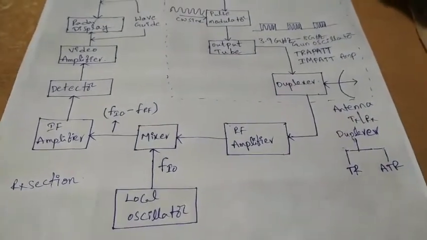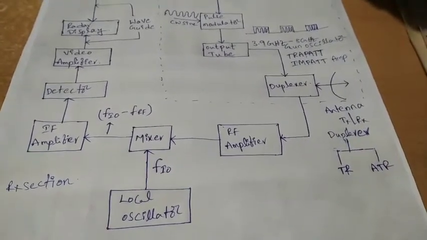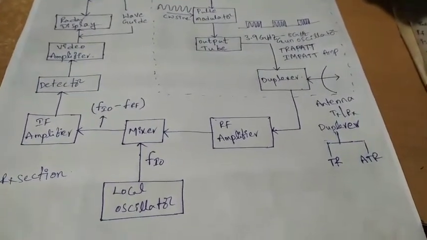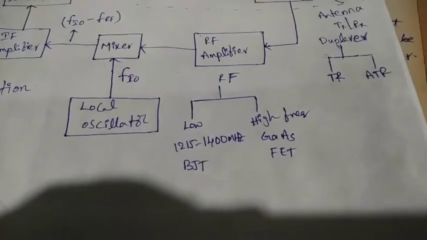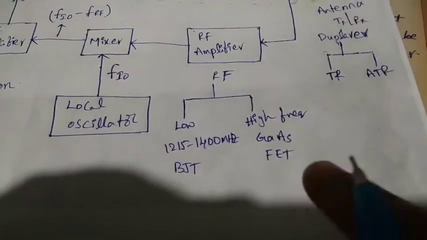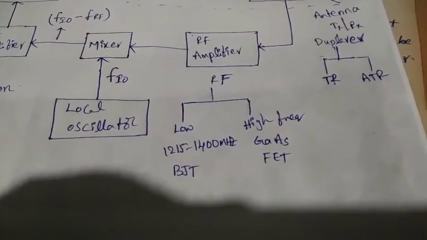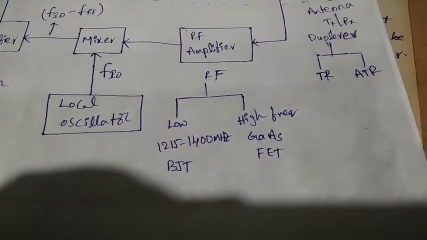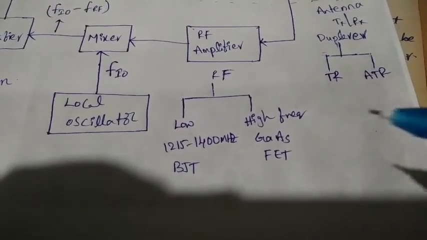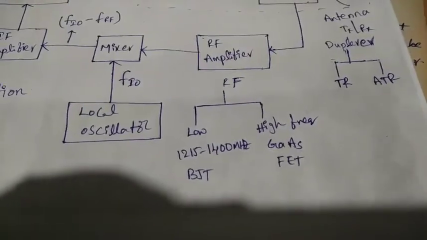The low frequency range is 1215 to 1400 megahertz. For these low frequency signals we use BJTs, and for high frequency signals we use gallium arsenide FETs as the amplifier.